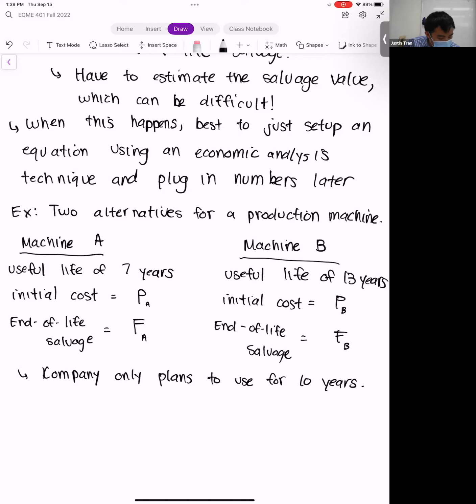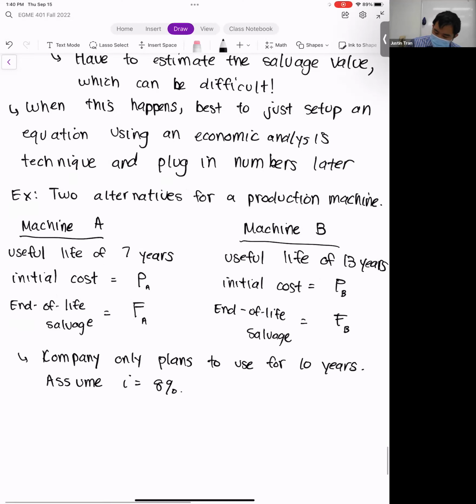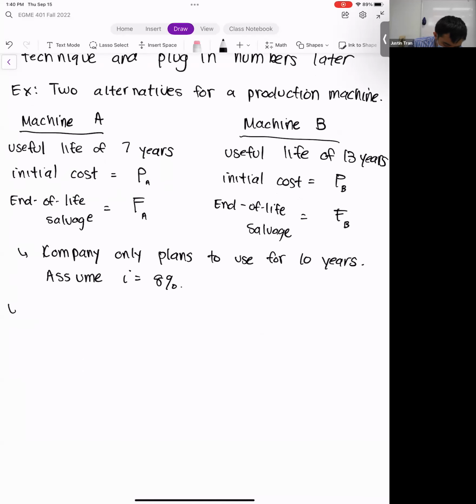And the interest rate here is 8%. All right. And so what we want to do in this problem is we want to set up the equations to compute EUAW for each of these alternatives.